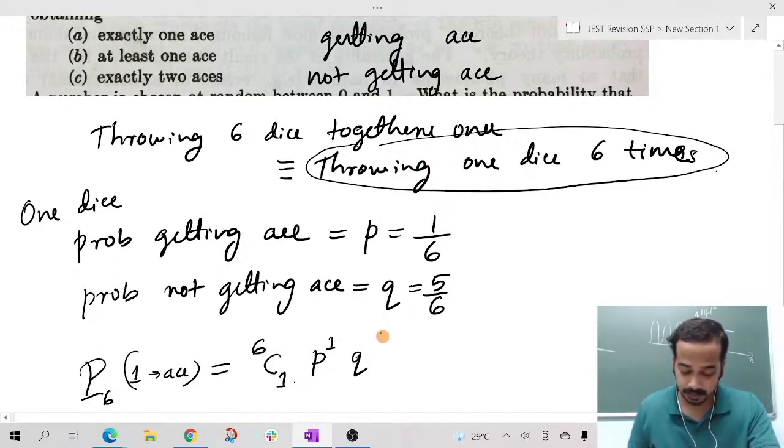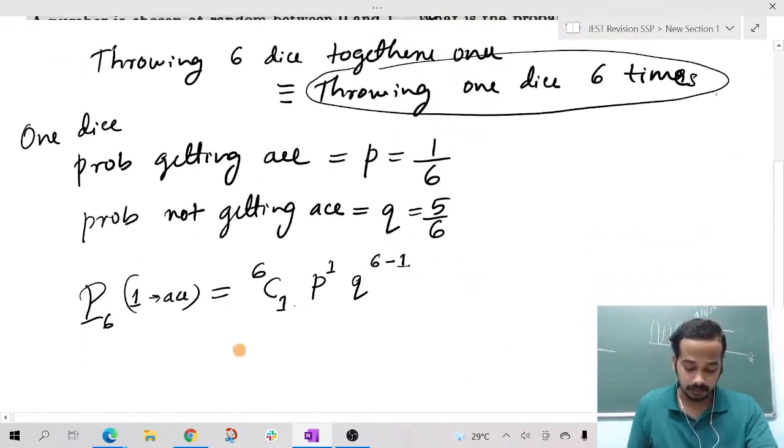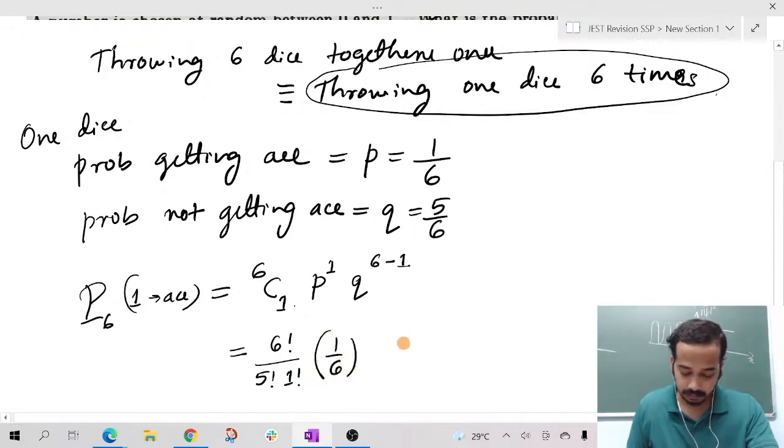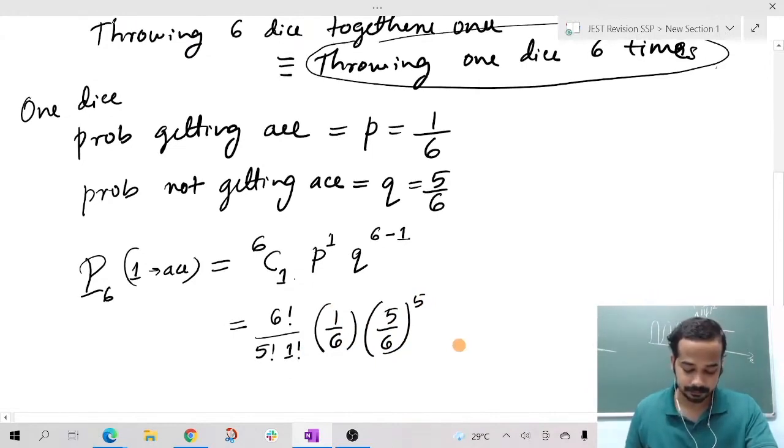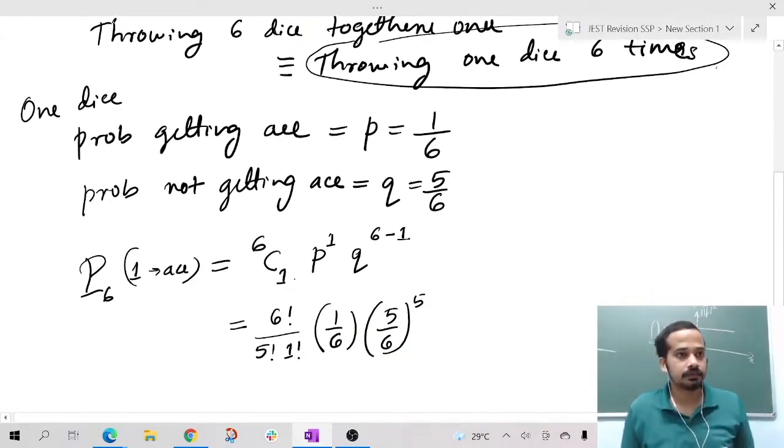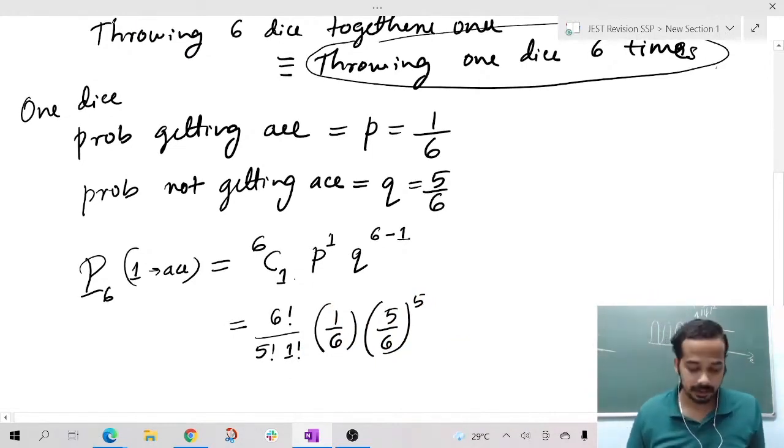Am I right? So can I write like this? Look at here how simple it is. 6 factorial divided by 5 factorial into 1 factorial, so 1/6 into 5/6 raised to 5. Is that okay?